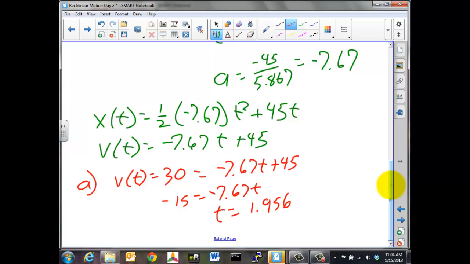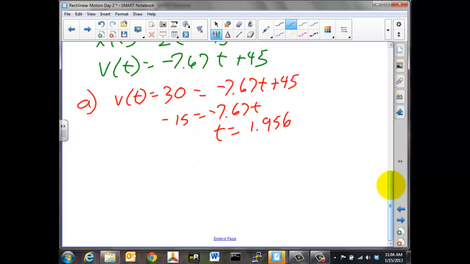No, we have to plug that back into the position, because it said how far had it moved. So we need to know our position at 1.956.